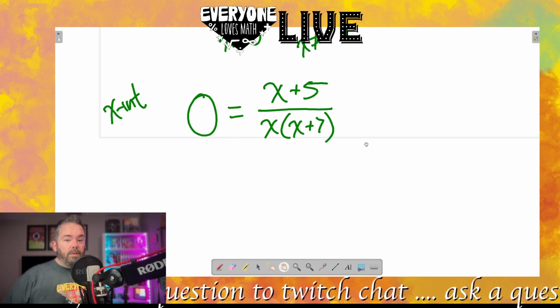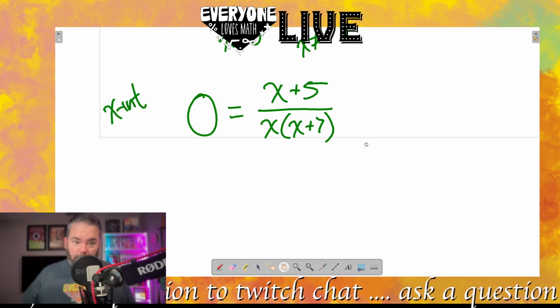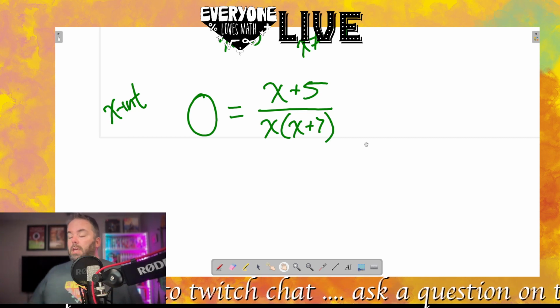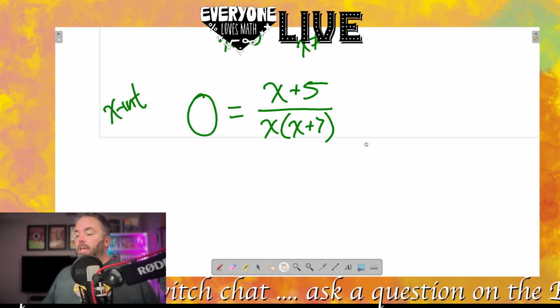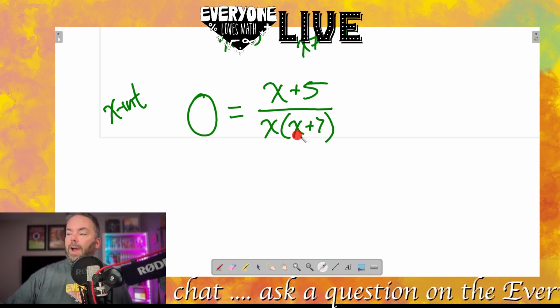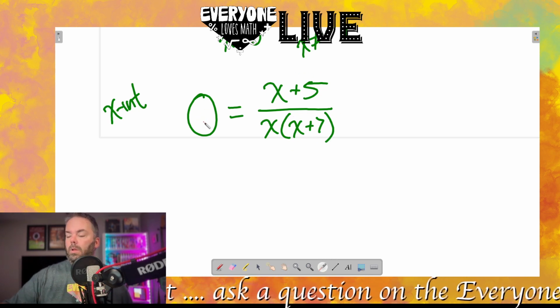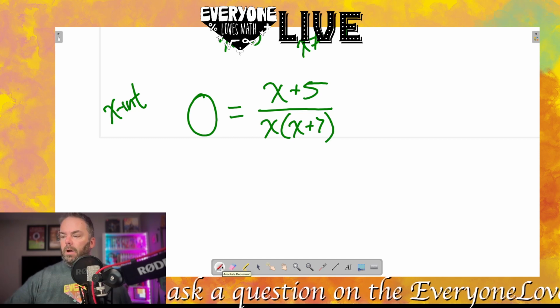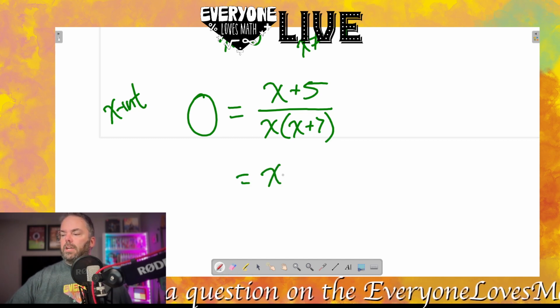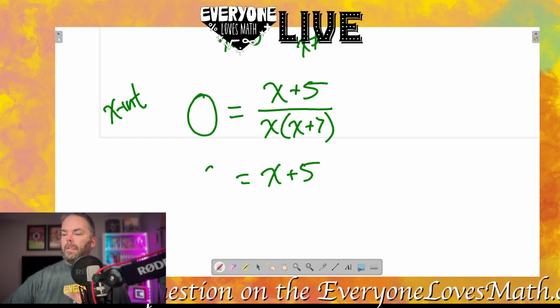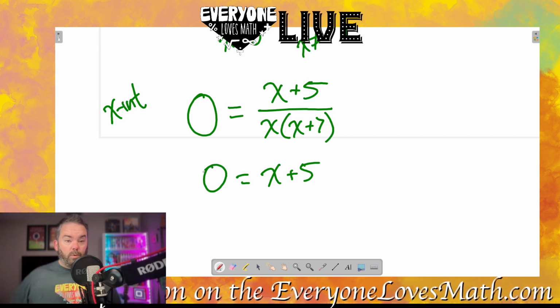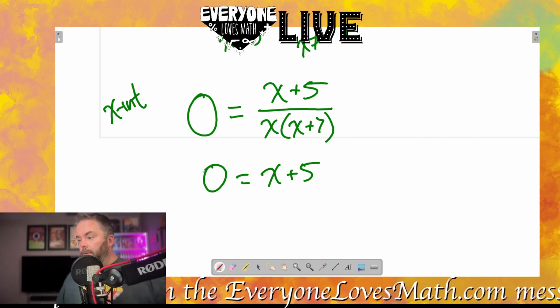So just like the previous problem, and in fact, just like basically every problem in this chapter, in order to answer this problem, we need to think, when does a fraction equal 0? Well, a fraction equals 0 when its numerator equals 0. If we have 0 divided by something, now we're in business.